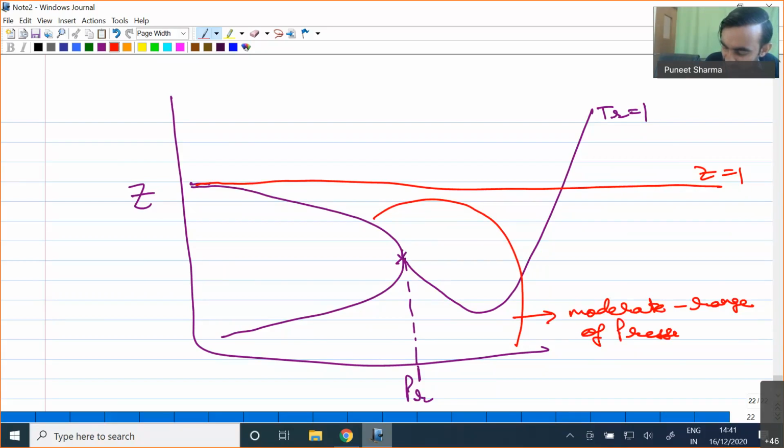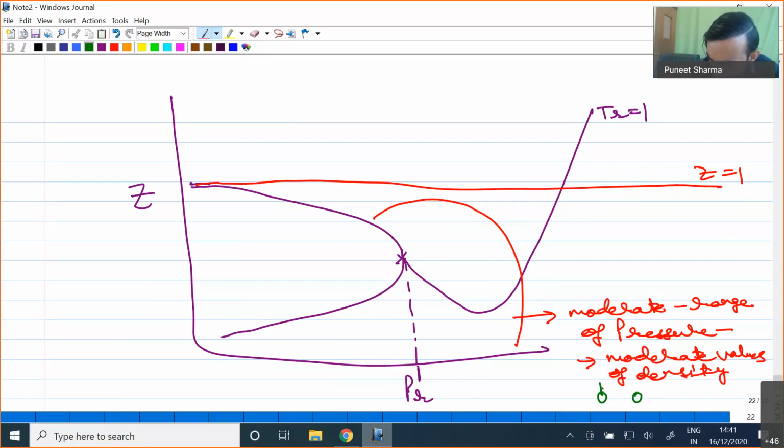So the molecules will have moderate values of density, and therefore an intermolecular spacing such that they experience attraction forces. Molecules will be attracted towards each other.